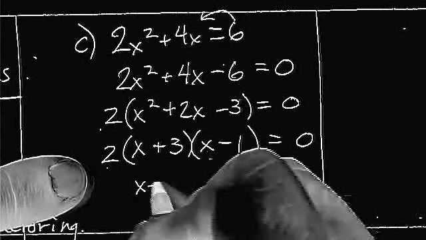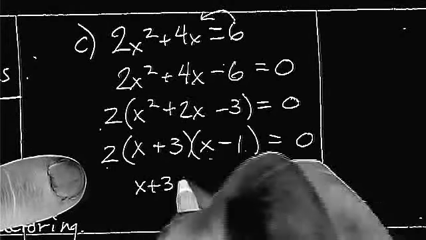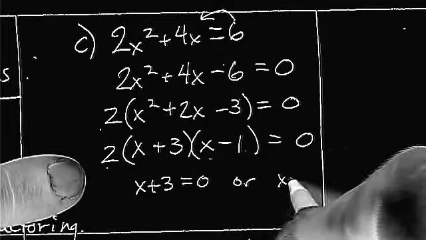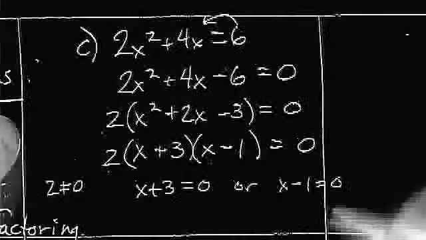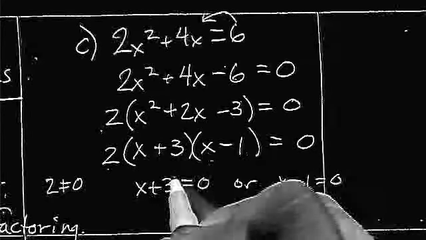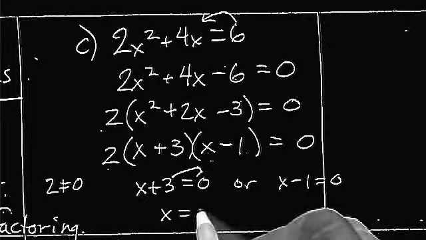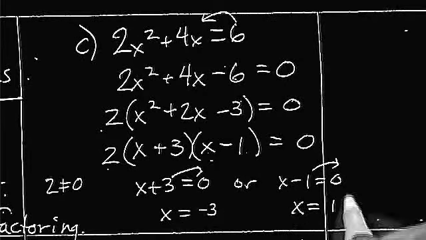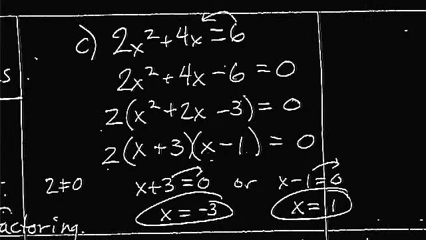I need to focus my attention on the parentheses. X plus 3 could be equal to 0, or x minus 1 could be equal to 0. But there's no way 2 is going to be equal to 0, so it's not something I need to think about. And when I solve this, I get x equals negative 3. And when I solve this, I get x equals 1. So those are my two solutions.